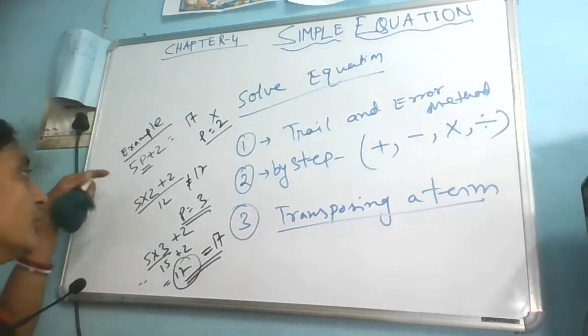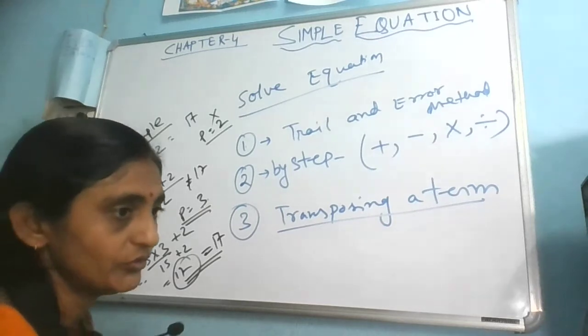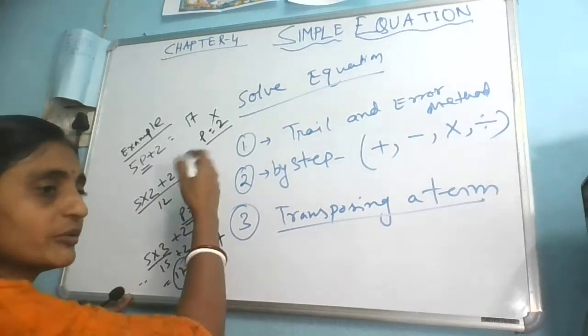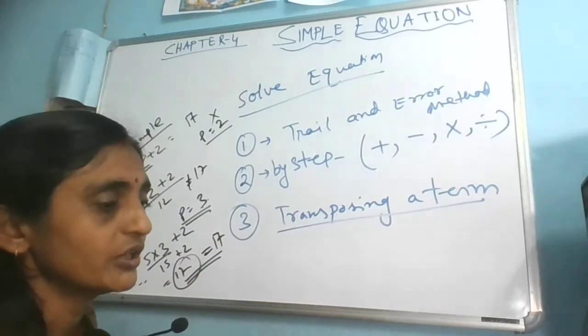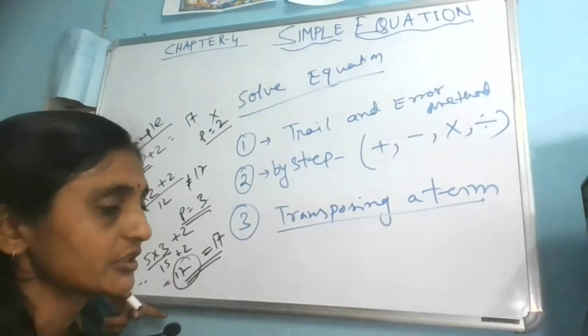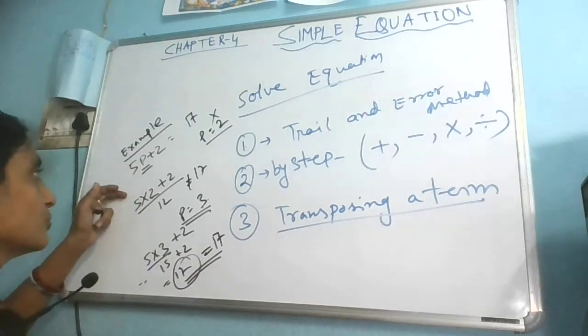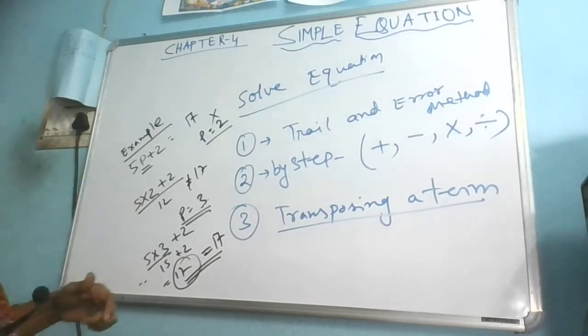When we put a particular value for the given variable in these steps, it is called the trial and error method. That means whatever values we put, it may not always be true. So which one is true for this? If I go through this process, that is called the trial and error method. So for this equation we have got p equal to 3.